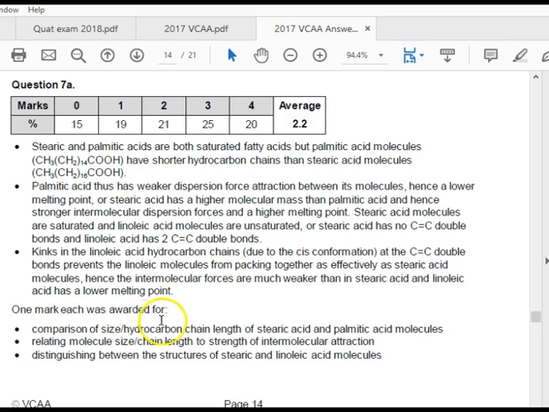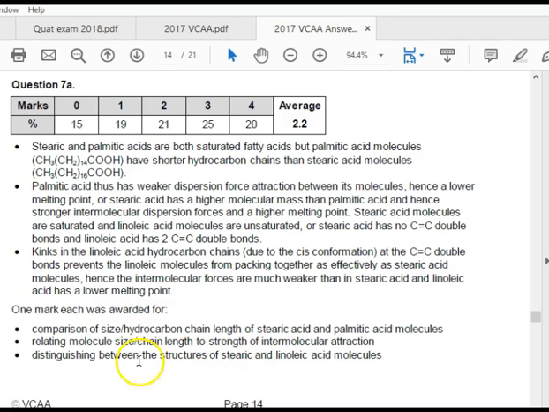Okay, so 1 mark was awarded for the comparison of the size or length of the stearic acid and palmitic. So you had to compare the fact that one was shorter than the other. And then you have to relate the shortness. So link the idea that a shorter chain will have a weaker amount of dispersion forces, and so then result in a lower melting point.